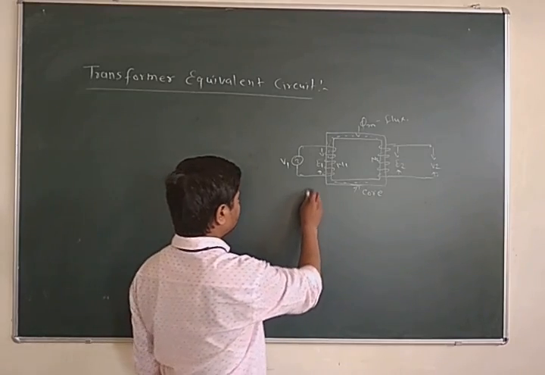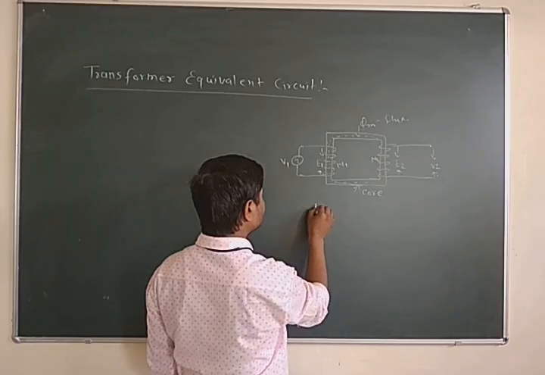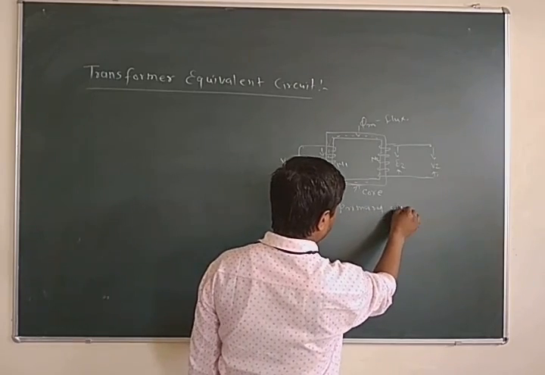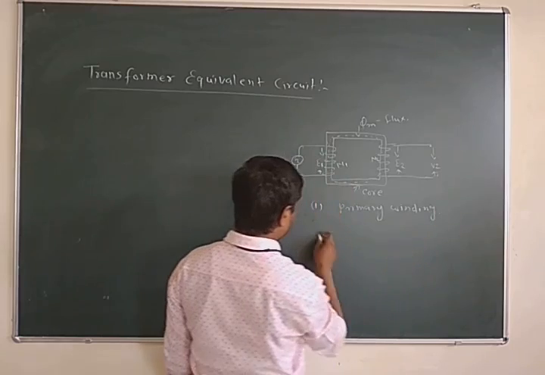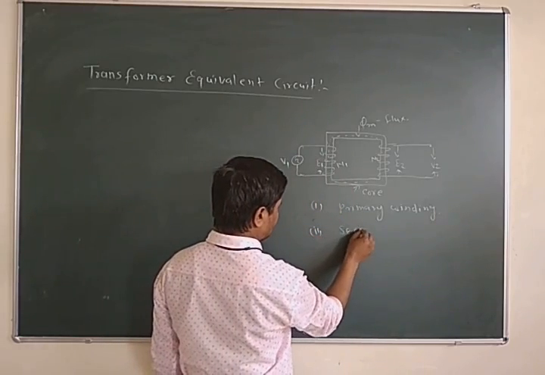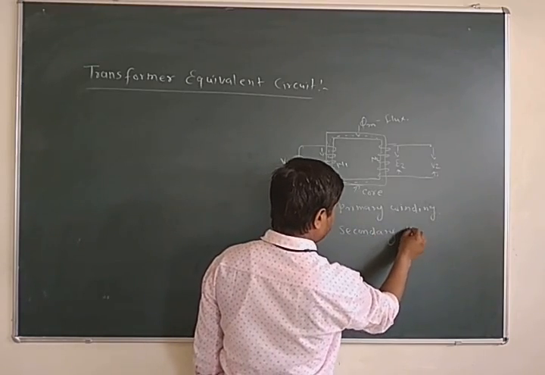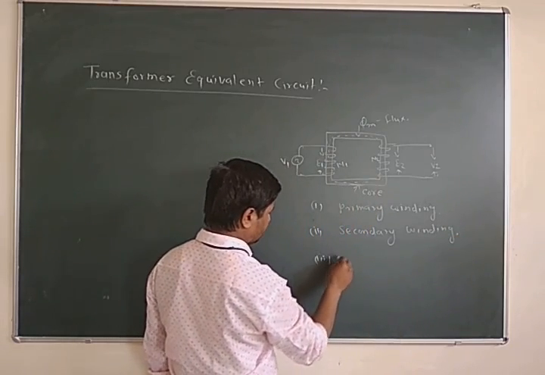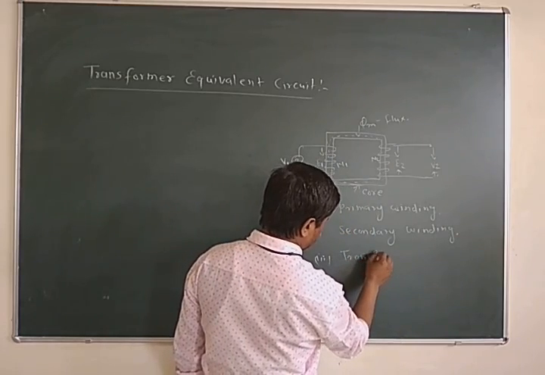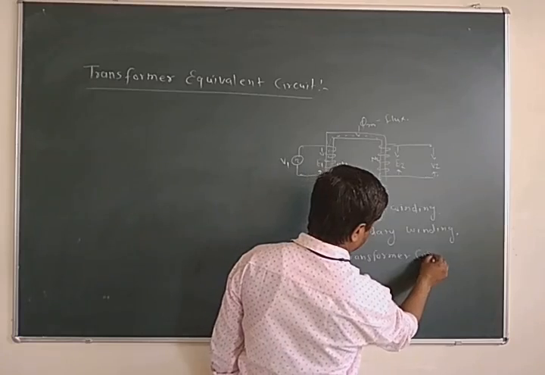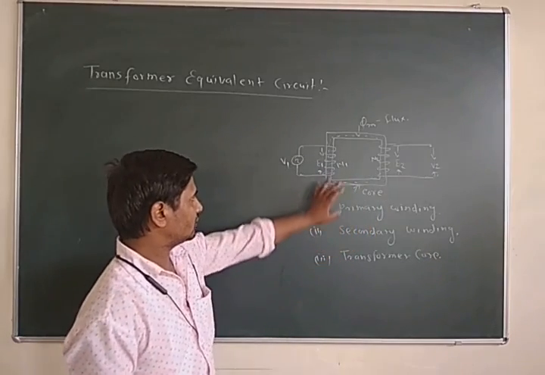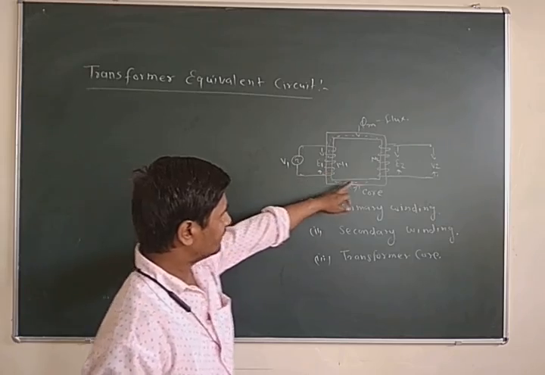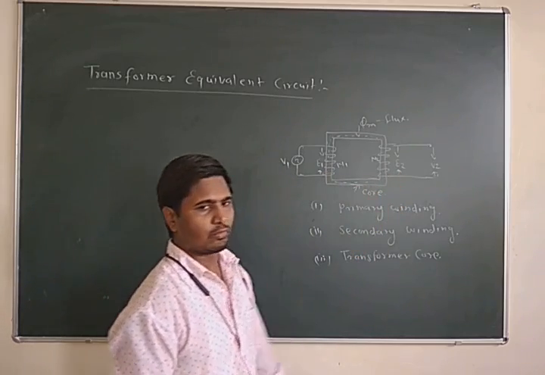So basically, there are three basic parts associated with the electrical supply: the primary winding, the secondary winding, and third is the transformer core.